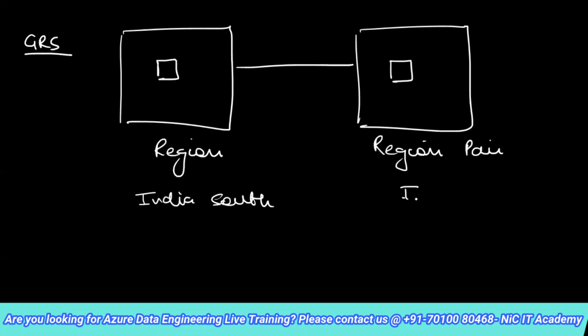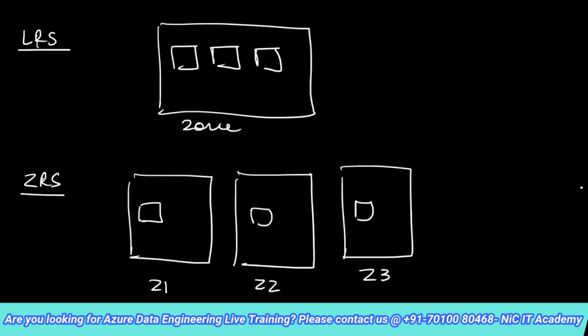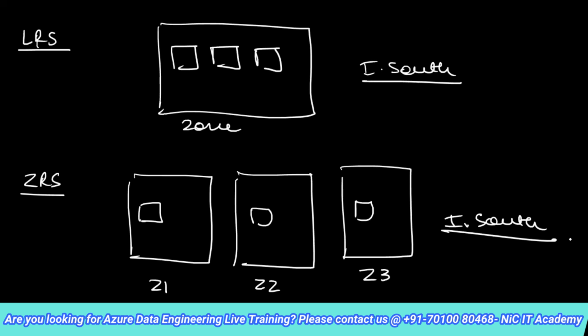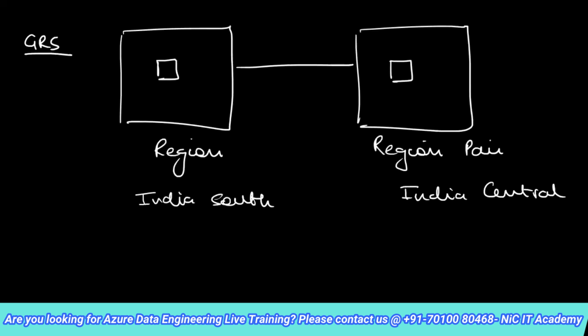This will be India Central. All right, and here everything will happen in India South only. This is also India South. This is also India South. Same region. LRS, ZRS in the same region. GRS, geo redundant. So now you are creating it in multiple geographical locations. So region 1 and region 2.